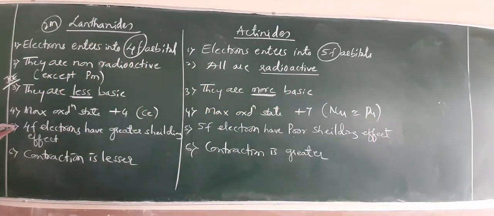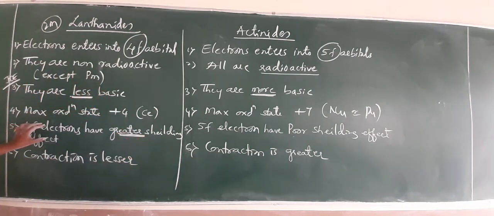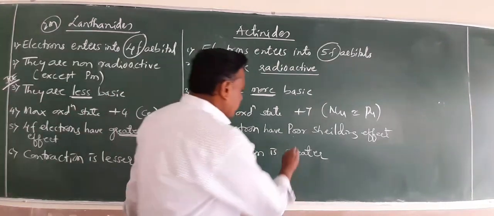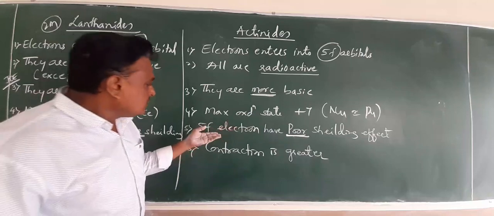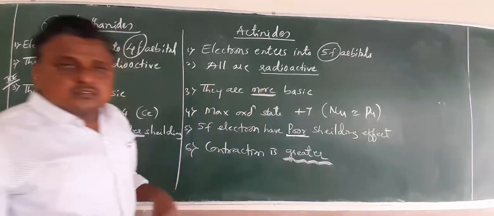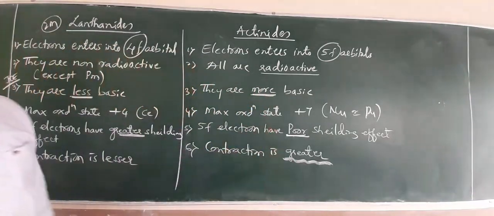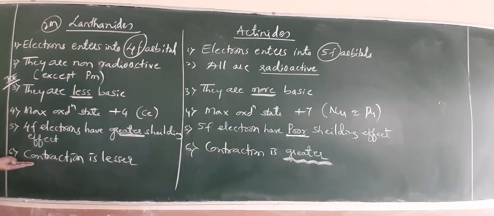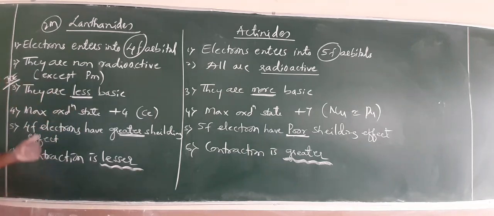Then the contraction concept: the lanthanoids undergo contraction because 4f electrons have greater shielding effect, while 5f electrons have very poor shielding in actinoids. Due to this poor shielding, the contraction is very high. Actinoids have greater contraction, and lanthanoids have less contraction because of the greater shielding of 4f electrons.